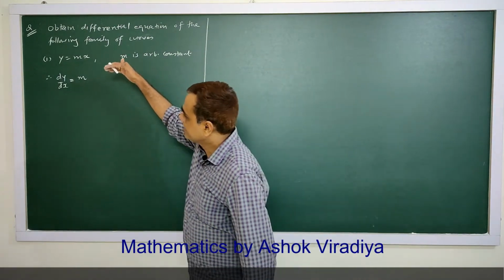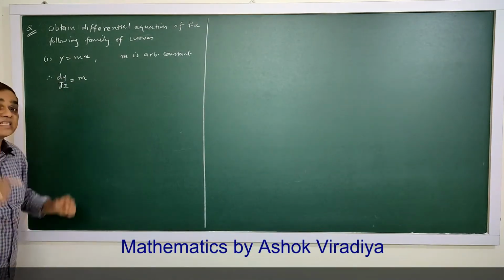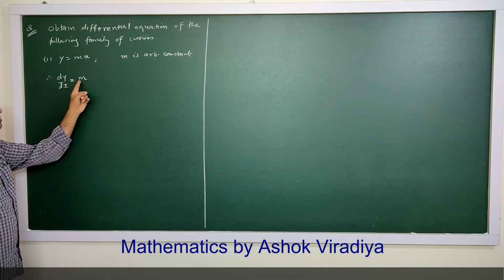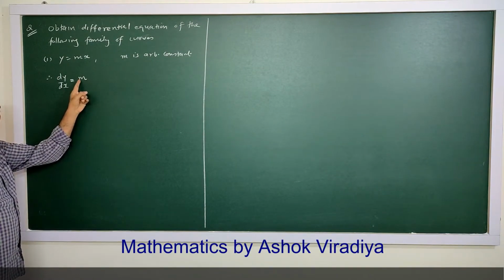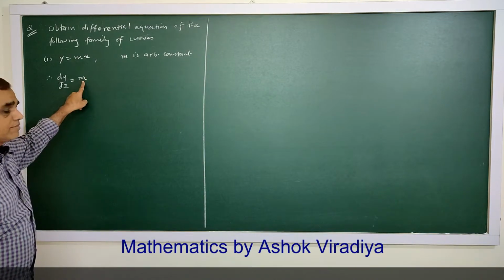So differentiating the given equation, we get this equation, but it cannot be considered a differential equation because here the arbitrary constant is visible. So the second work is to eliminate m.